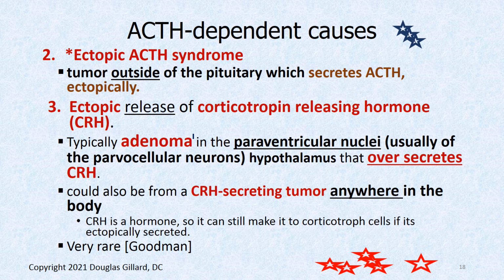So an adenoma made of parvocellular neurons in the pancreas gives you ectopic corticotropin-releasing hormone, or CRH. We all know what CRH does. It's a hormone, so it can still get into the anterior pituitary and cause the release of POMC/ACTH. It could be caused by a CRH tumor anywhere in the body.